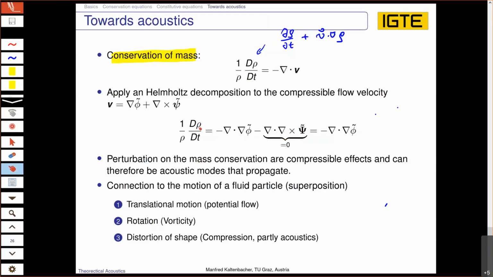So in this sense, we just get this when we have a change in the density. That is the importance, and again the connection to the motion of a fluid. The translational motion is a potential flow. The rotation is due to the vorticity within the flow, and compression of particles, for example distortion of the shape, needs compressibility.